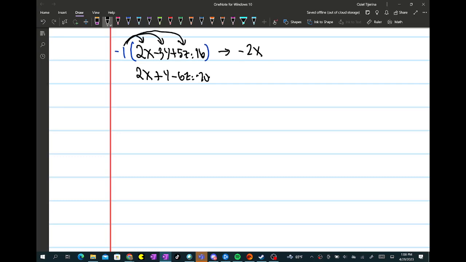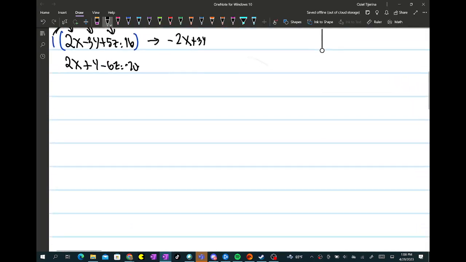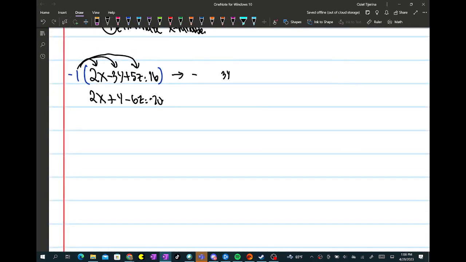That gives me negative 2x plus 3y minus 5z equals negative 16. Let me zoom in a little more; if I'm writing really small, guys, I do apologize. And then we add 2x plus y minus 6z equals negative 20.